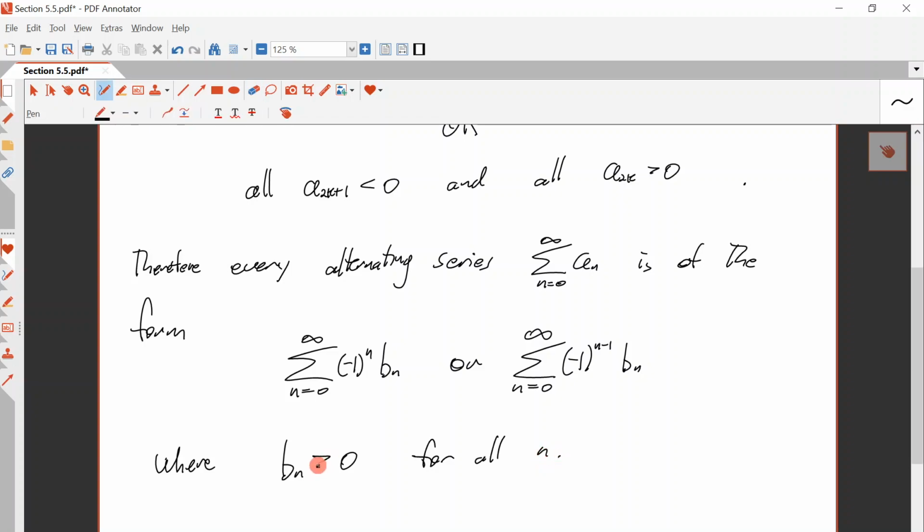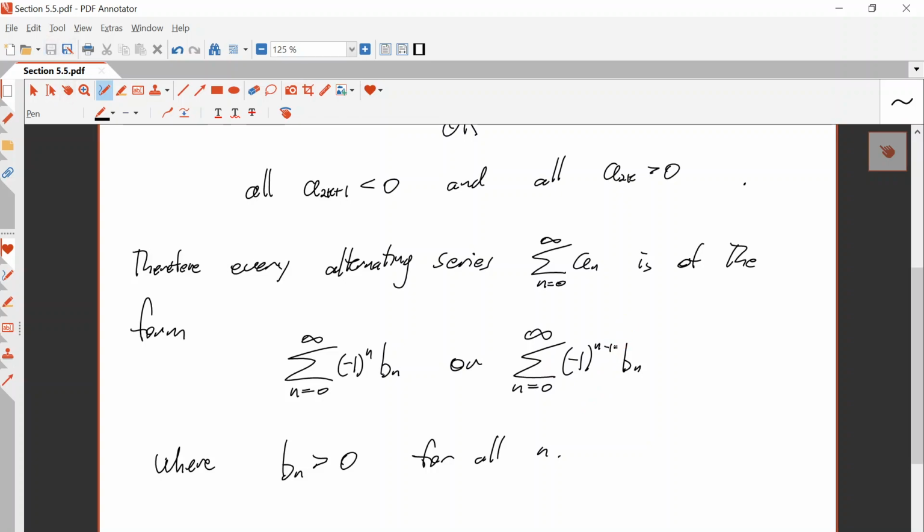So this one has the even terms positive. This one has the odd terms positive. So (-1)^(n-1) or (-1)^(n+1), either one would do fine, just something to make the first term negative.